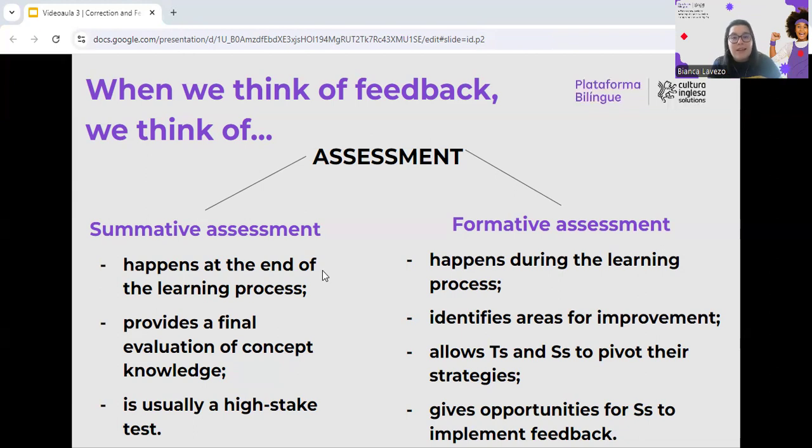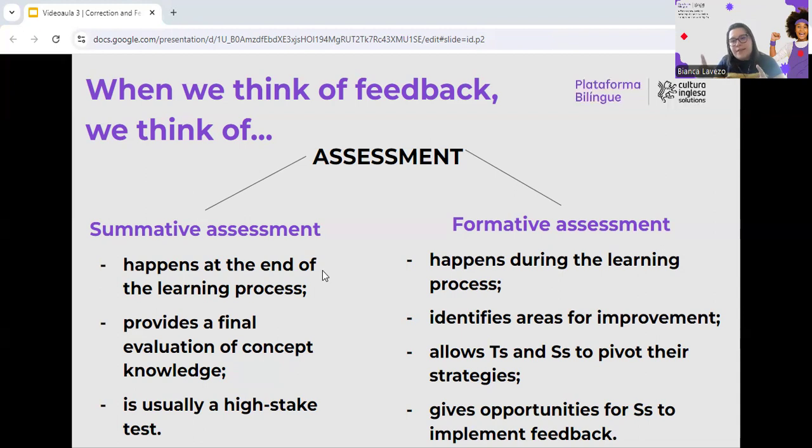Formative assessment, on the other hand, happens during the learning process. This word here is very important, during, right? It's ongoing. It happens continuously. And because of that, it's able to identify areas for improvement, right?